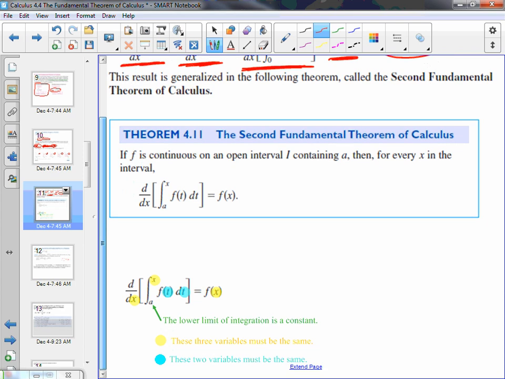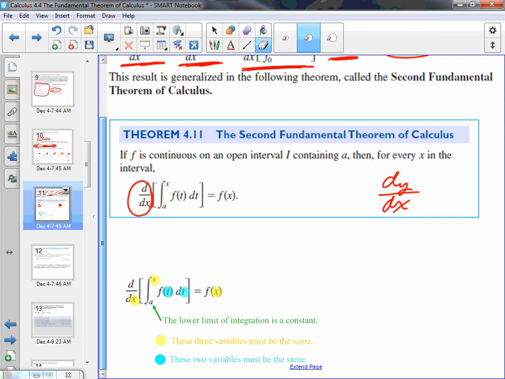If little f is continuous on an open interval I containing a, where a is a constant, then for every x in the interval, so whatever that interval is, x is in it, the derivative with respect to x, that's what that notation means, isn't it? Like when we write dy dx, we mean the derivative of y with respect to x.